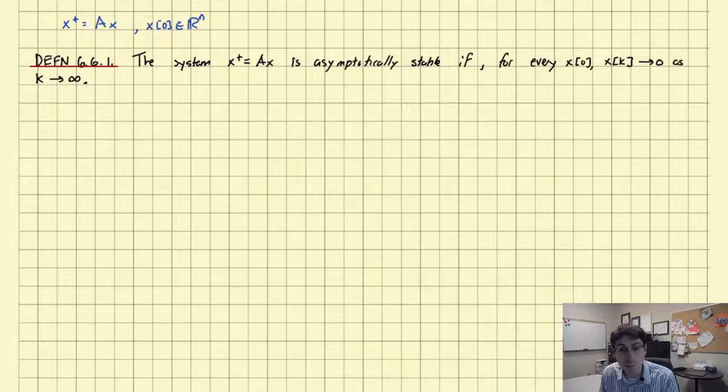Okay? So no matter how you initialize this state space model, no matter what initial condition you pick, eventually the system comes to rest at the origin. It goes to 0 and then it stays there. 0 is an equilibrium point, as you can see, for this system.